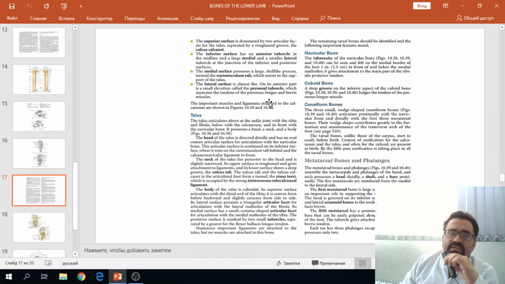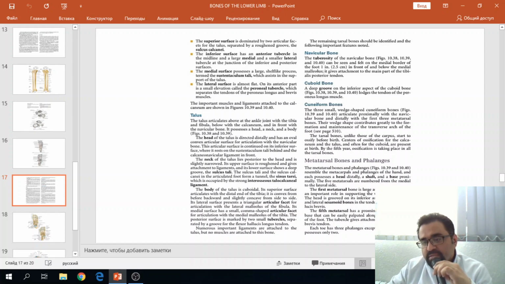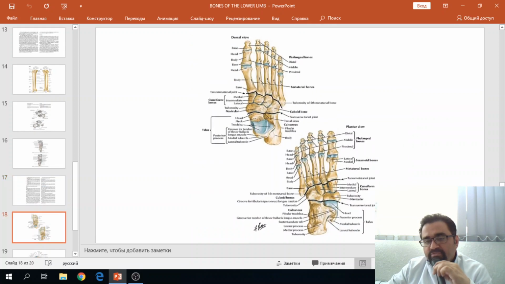So let us recall the tarsal bones. There is calcaneum, there is talus, there is navicular, there is cuboid, and then there are 3 cuneiform bones. Then there are 5 metatarsal bones, and then at the last, there are phalanges.